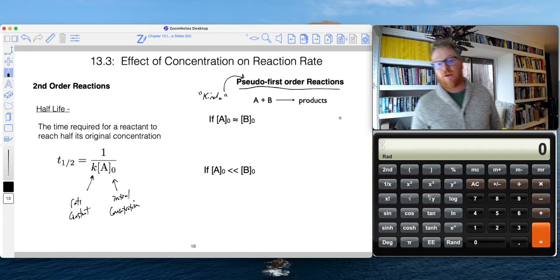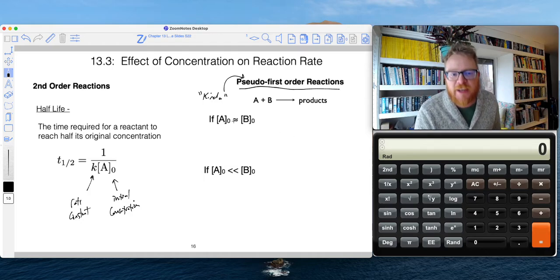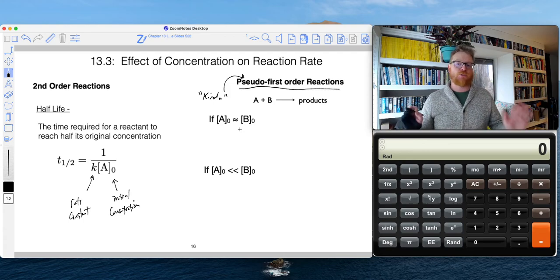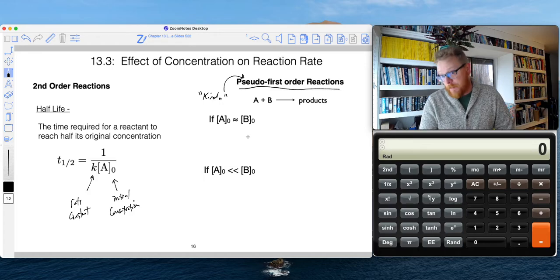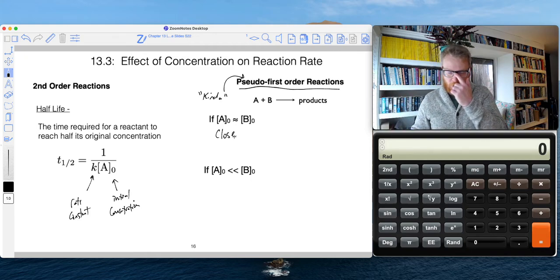So here I've got my generic reaction, A plus B goes to products, and when we first inspect this, we might be thinking, oh, this looks like it's going to be a second order reaction because there's 1 A and 1 B, 1 plus 1 makes 2. So if the initial concentrations are fairly close to each other, they don't have to be perfectly equal, but what we want is the concentrations to be close, in the same ballpark, okay? Then this will proceed as a second order reaction.